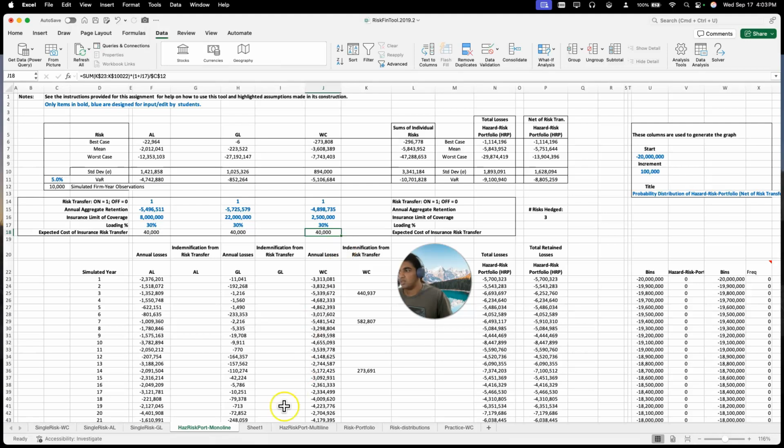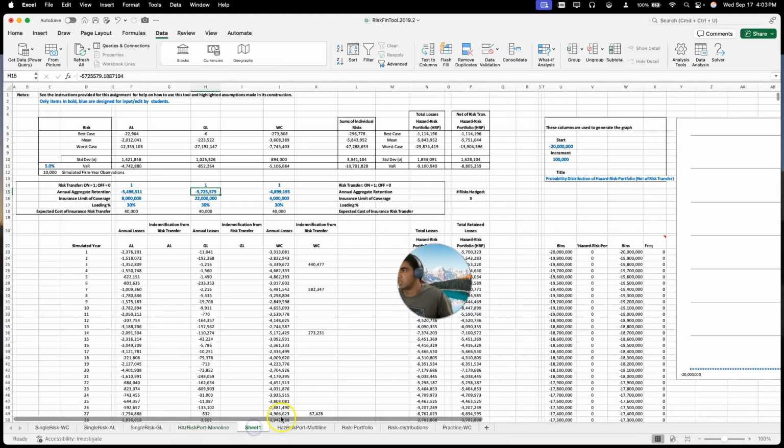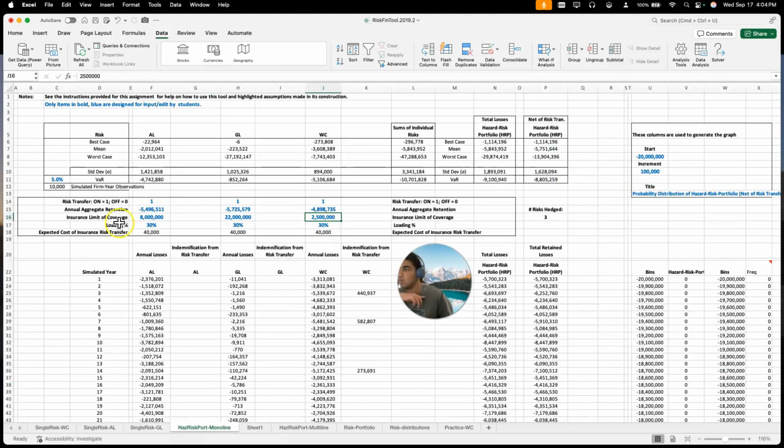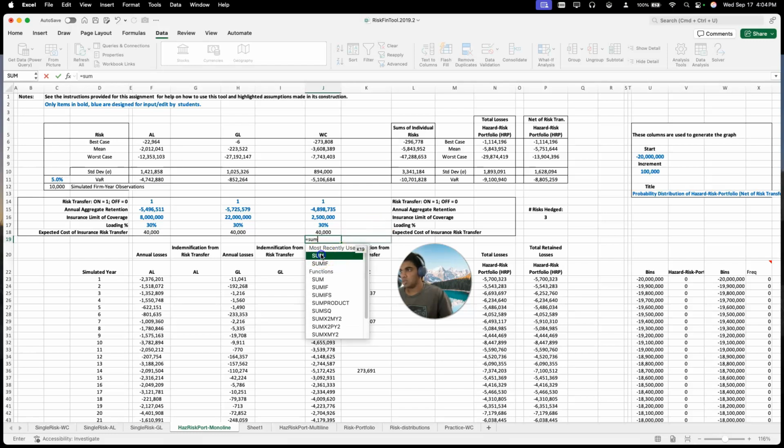And I believe we got a different number. Let's check that out. Oh, I see why we got a different number. It's because this plus this does not equal 7.7 million. You can check that by doing equals sum of these two and close it. Actually, let's do this.